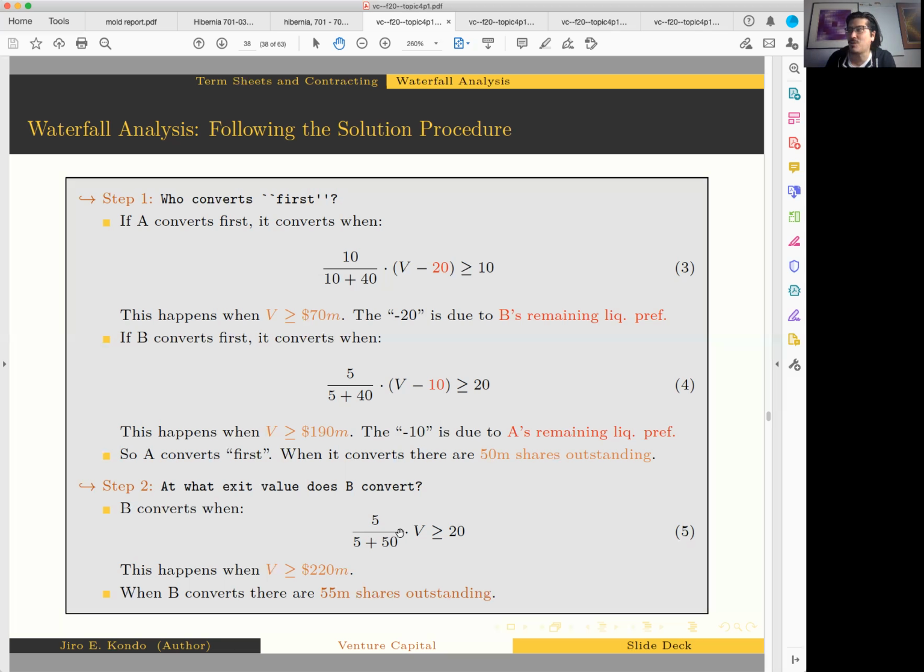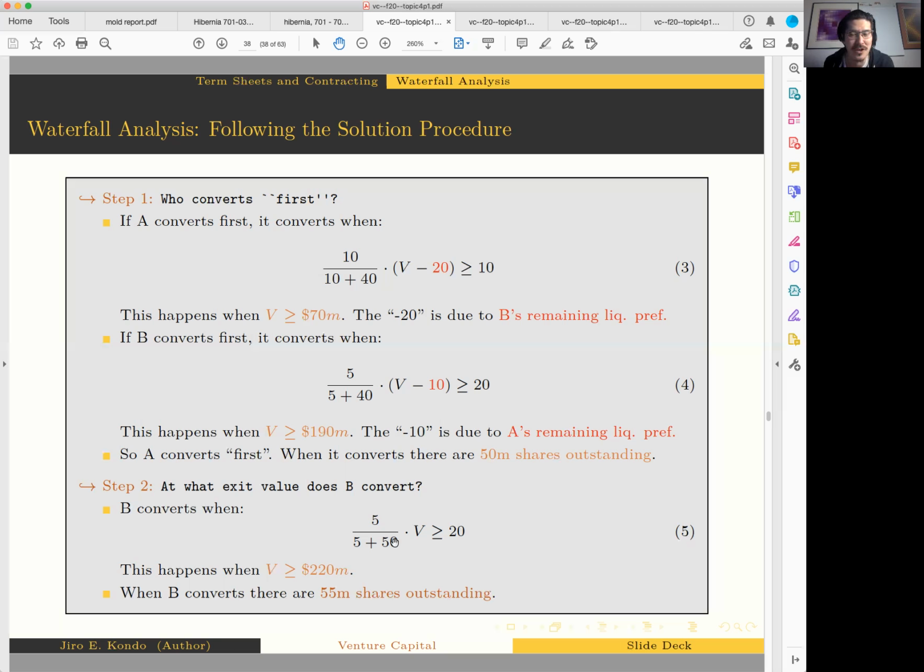So what is the calculation? Well, Series B now, when they convert, they know they need to get more than 20. They get 5 million, but now there's 55 million shares because there's already the 40 million to founders and the 10 million to Series A because A already converted. So when B converts, we know there's 55 million shares. Do we agree? But once B converts, how much liquidation preference is there left in the company? 0, right?